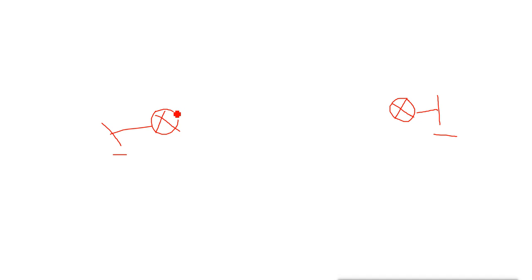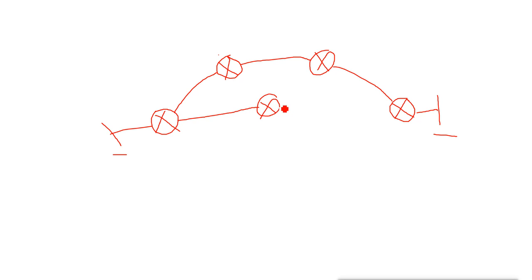Like if suppose we have a path here, like this, I can go from here to reach this network, or I can go from here, or even from here.